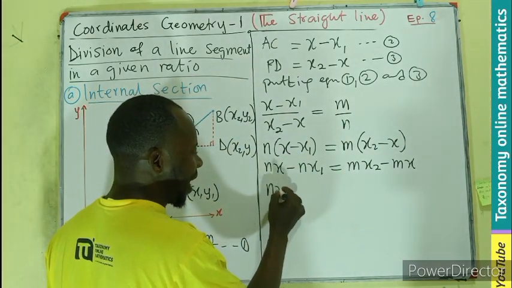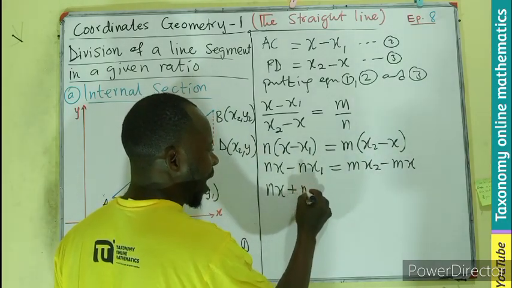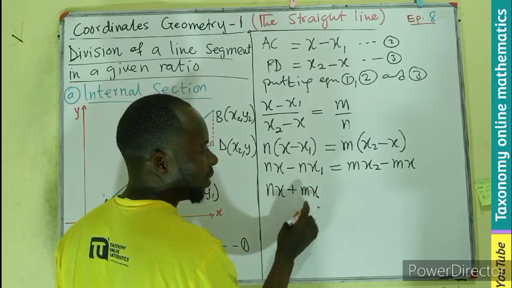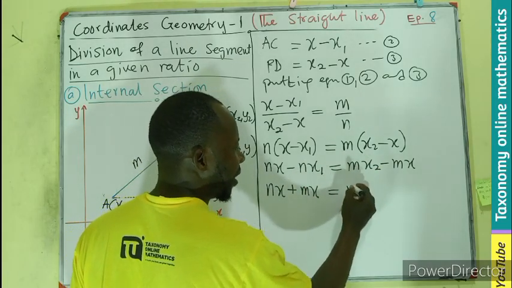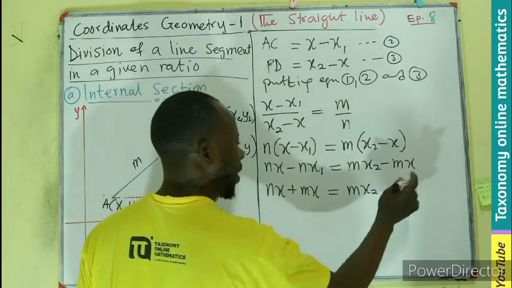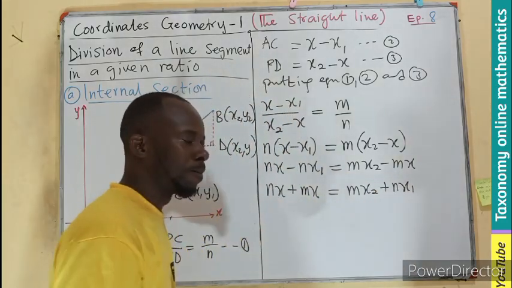So we'll be having nx, and negative will become positive, so plus mx. We are leaving this behind, mx2, and we are bringing this in as well, plus nx1.